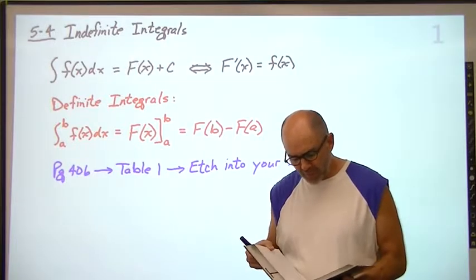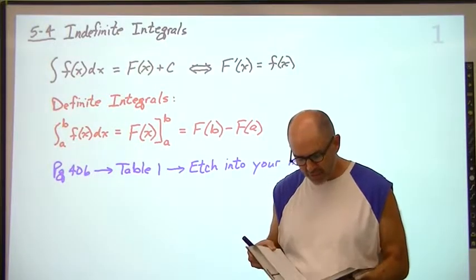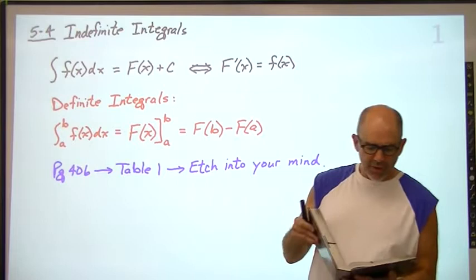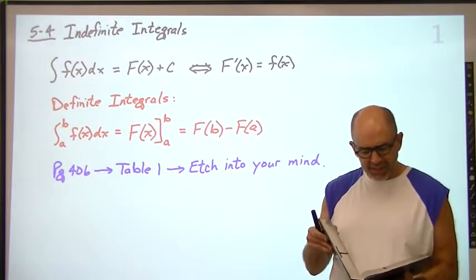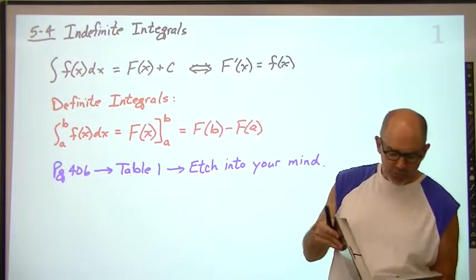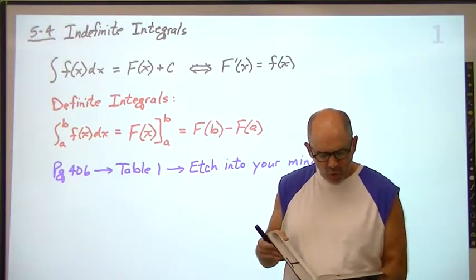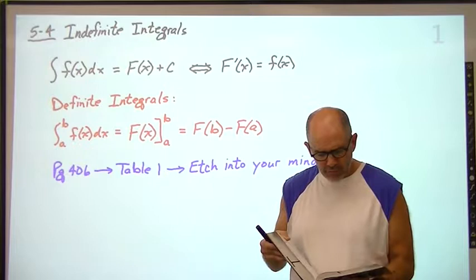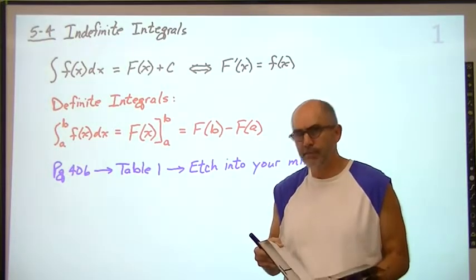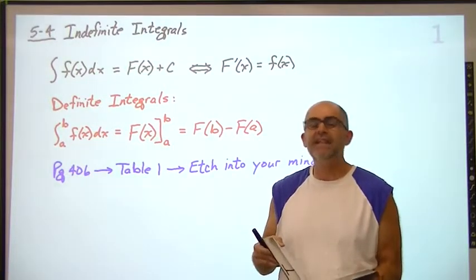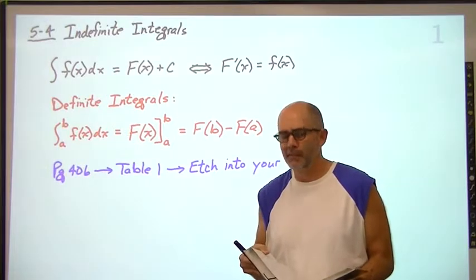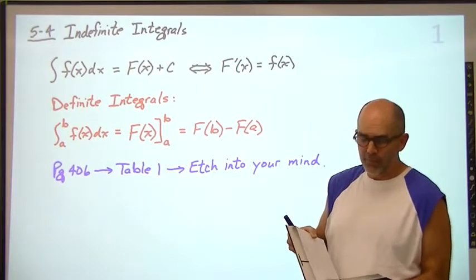And the integral of cosecant squared is negative cotangent. The integral of secant tangent is secant. The integral of cosecant cotangent is negative cosecant. Now, we don't know the integral of tangent x yet, or the integral of secant x yet, but we will.